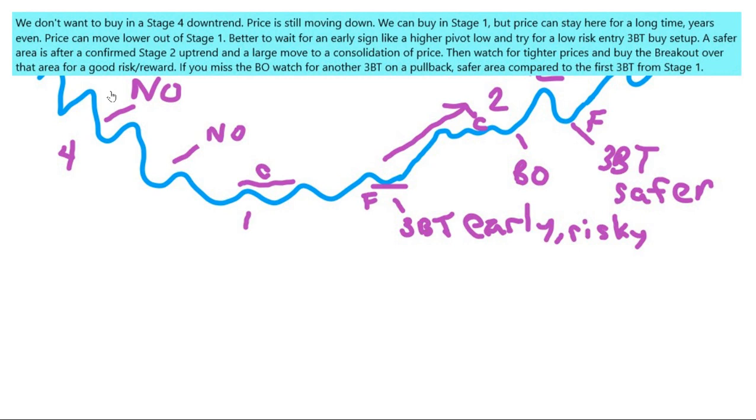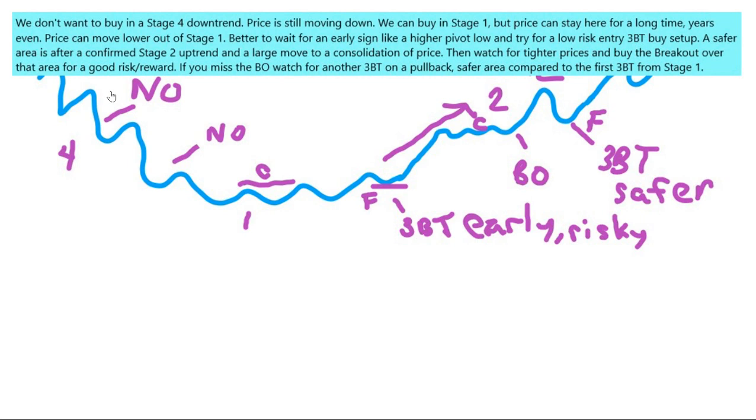I have a couple of examples this month to show you that. Price can also move lower out of stage 1 and make new lows or even go to 0. It's better to wait for an early sign like a higher pivot low, and try for a low risk entry or a 3-bar turn buy setup. A safer area is confirmed.